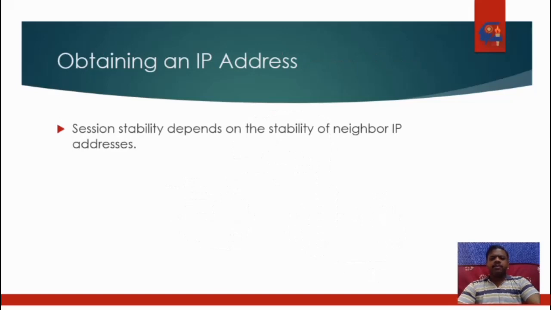The neighbor's IP address could be the address of any of the router's interfaces such as Ethernet, token ring or serial interface. Keep in mind that the stability of the neighbor connection heavily depends on the stability of the IP address you choose.